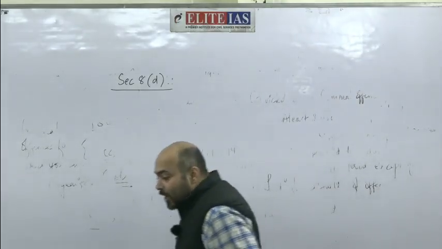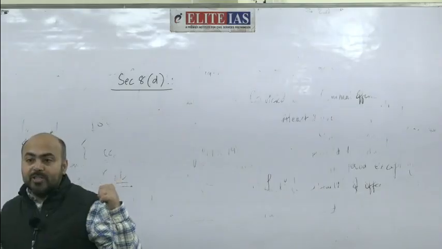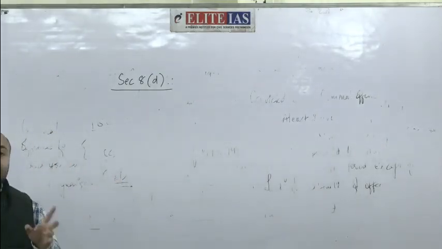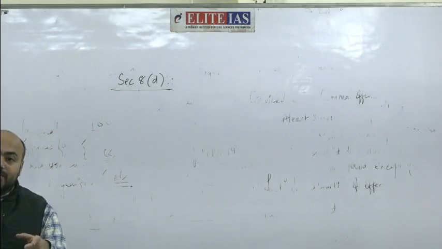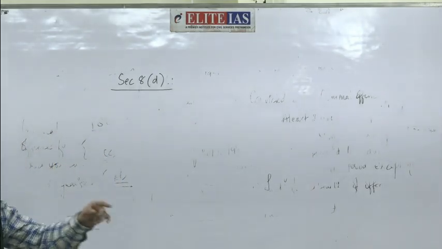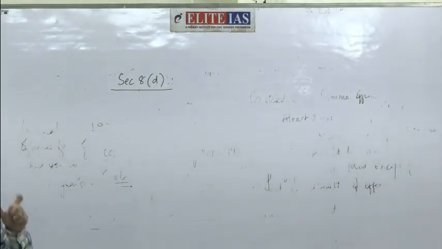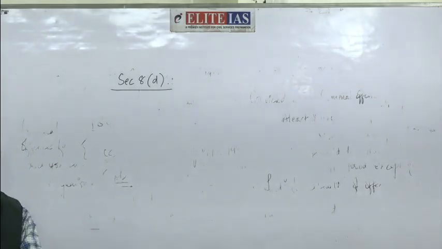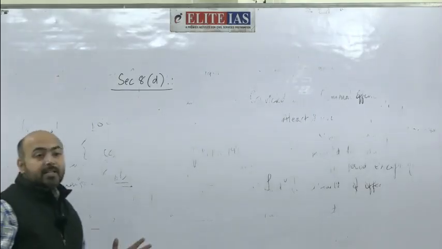That means if an elected member is found guilty of a criminal offence and the court has ordered him to serve a sentence of at least 2 years, he is not automatically disqualified.